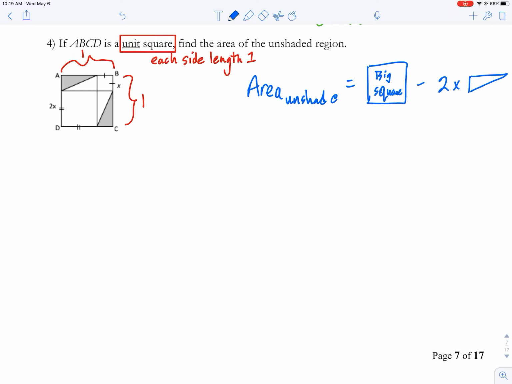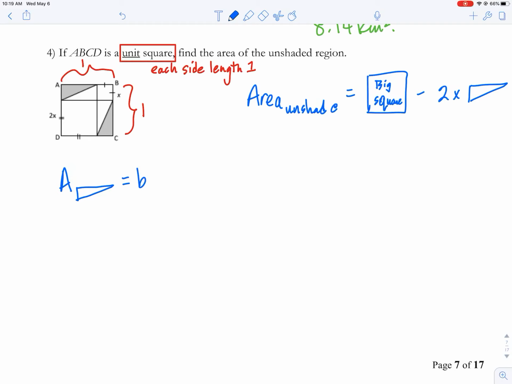If we're finding the area of our triangles, we know that the area of a triangle is base times height divided by 2. So let's look a little more carefully at our square and see if we can figure out anything about it. One of the first things I notice is that this length here is 2x, which means that length is 2x, so that one is 2x.